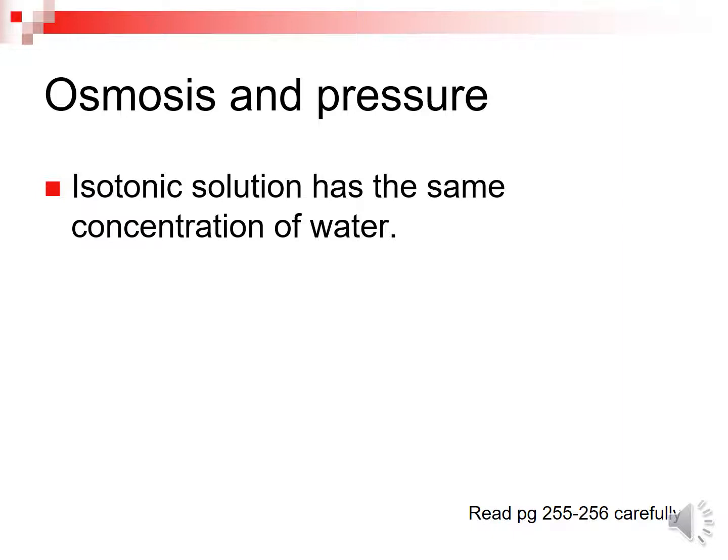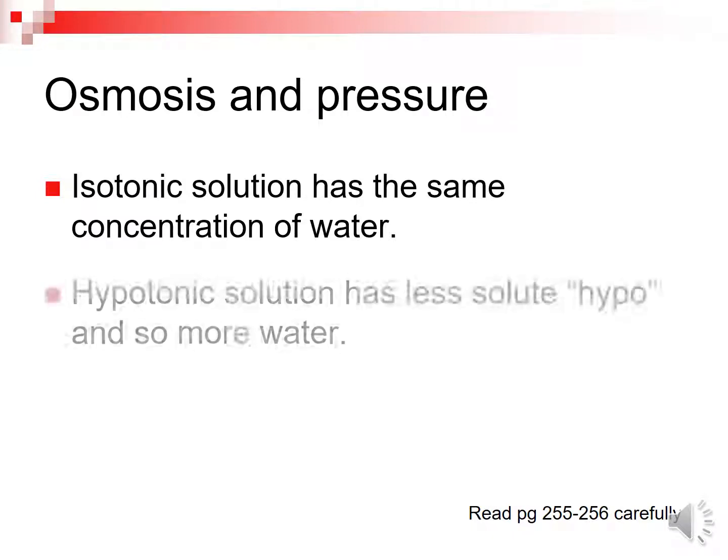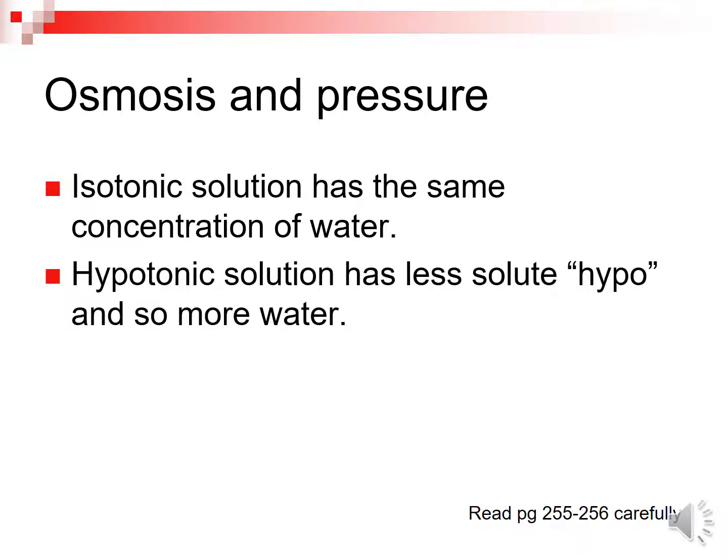If we consider the pressure to be a type of osmotic pressure, osmosis pressure, we have terms for solutions that cause the water to move in different directions. For example, an isotonic solution is one where the concentration of water is the same on both sides of the barrier. A hypotonic solution is a solution that has less solute and so more water.